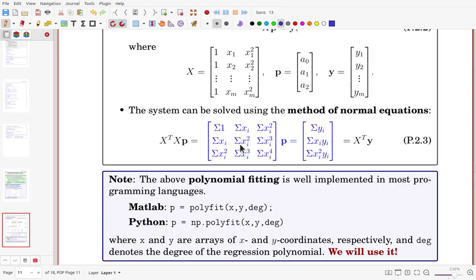Also in the downward direction, you can see xi multiplied and xi squared multiplied. For each row, again along the horizontal direction, the xi power is increased by 1. And on the right-hand side, the first is the summation of y, then x multiplied, and x squared multiplied. You can see the pattern.